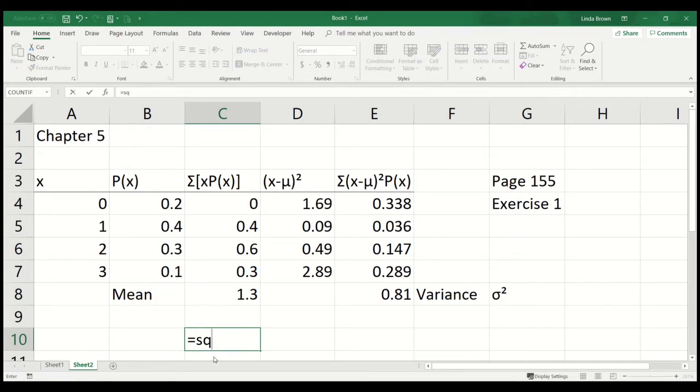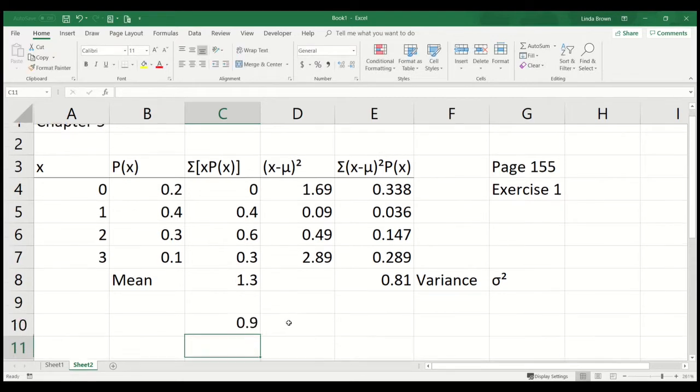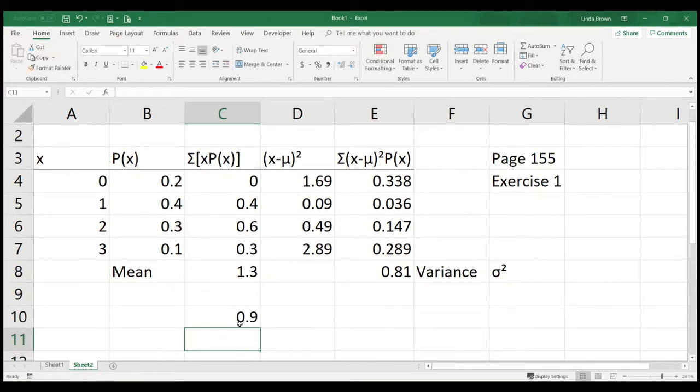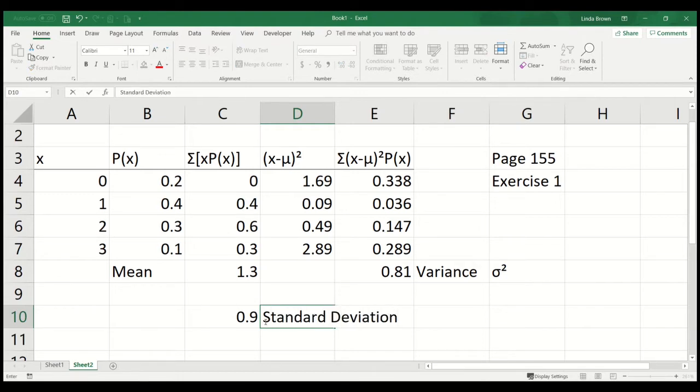It's also quite easy on Excel. The square root of 0.81 is 0.9. And that is our standard deviation. And that's all you have to do to solve this problem. You could end with a sentence if you like. The mean is 1.3. The standard deviation is 0.9.